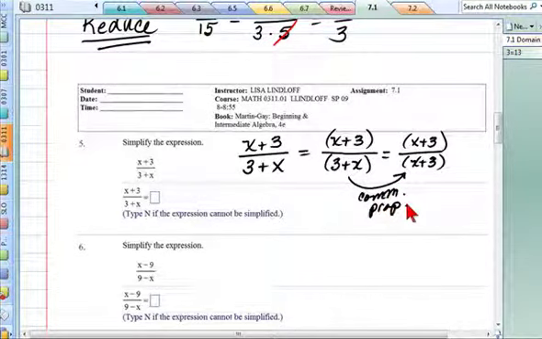So, can I reduce this fraction? I've done a whole lot of stuff, and I might not have needed to. Do you see the same factor on top as you do on bottom? What's the same factor? Not x, but x plus 3. This entire thing, x plus 3 over x plus 3. When you divide out the common factor, what are you really leaving behind? 1.